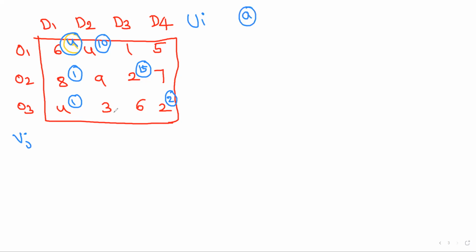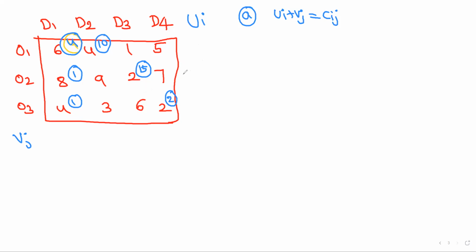How will these values be found? ui plus vj is equal to cij, the cost of transportation. Here you have to assume one of the ui as 0.